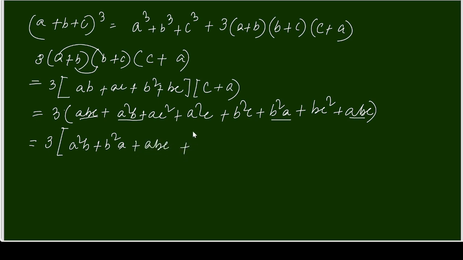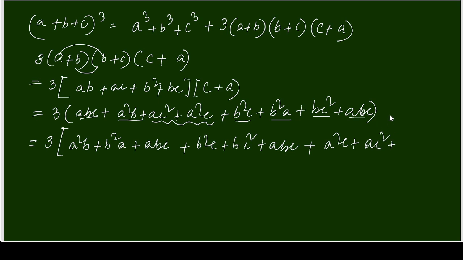Next I am taking B square C, BC square plus 1 ABC. Left are these two, A square C plus AC square, and another ABC is not there, so I am writing here, I am taking one ABC, minus ABC is left.